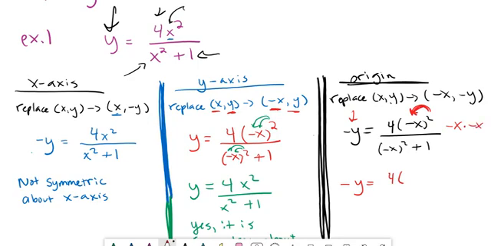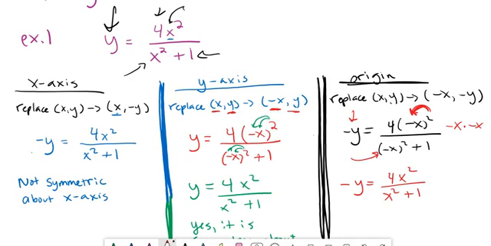So a negative times a negative is a positive. x times x is back to x squared. And then again here in the denominator, I have negative x squared. So negative x times negative x, that's a positive x squared. And then plus 1. So I did my replacing. Then I did the simplifying.